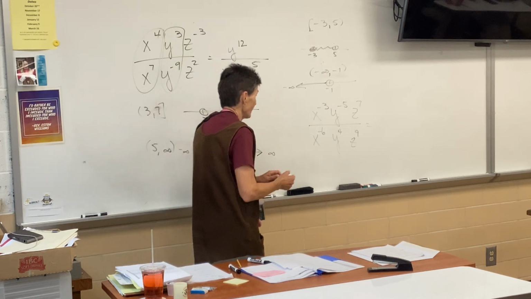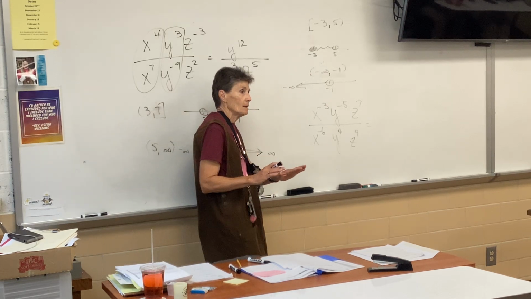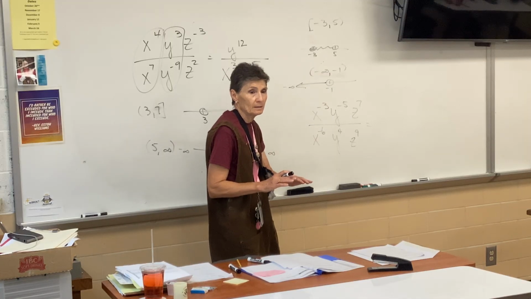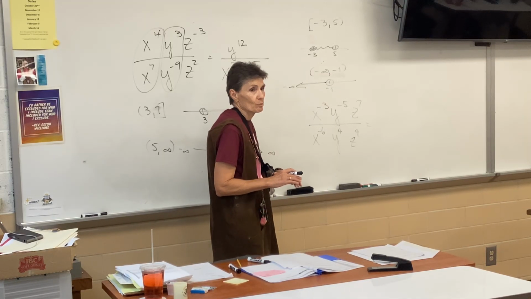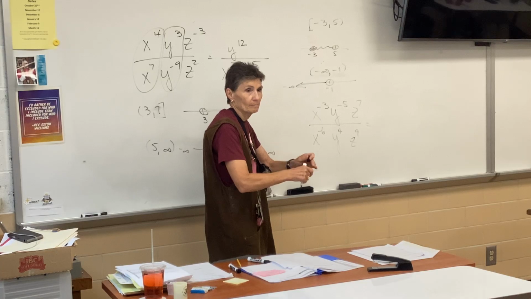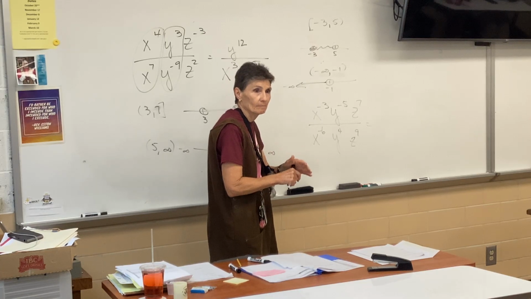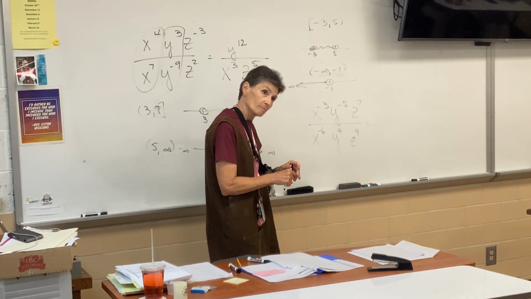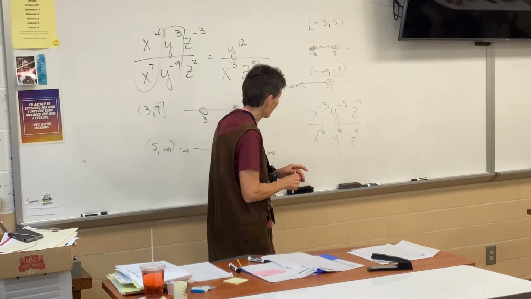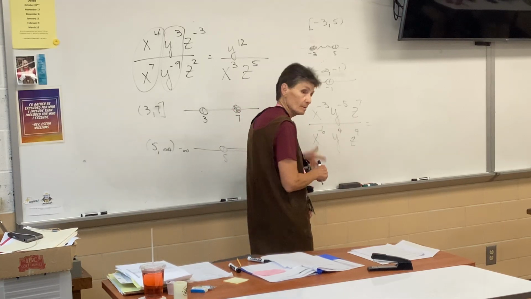Who feels like, other than Vaughn, Vaughn already got one, who feels like you can walk us through this problem? Sutton? So for the X's, do you flip the 6?